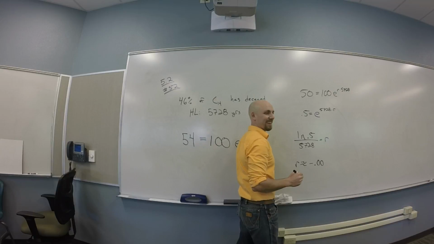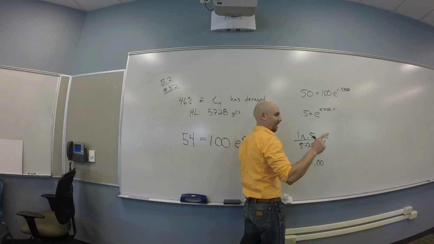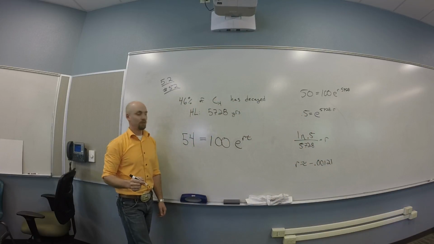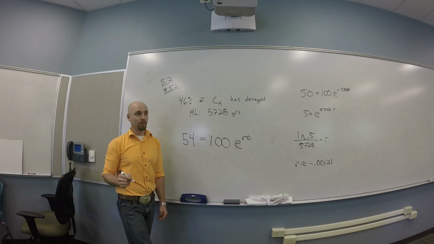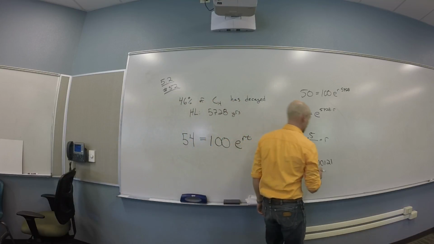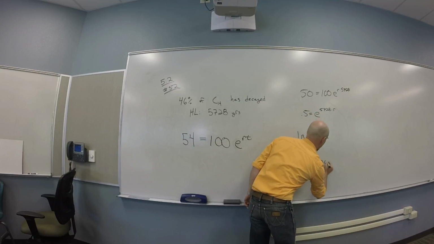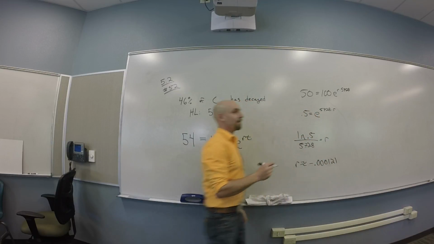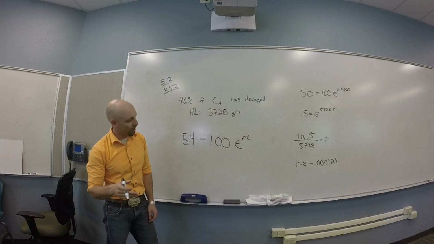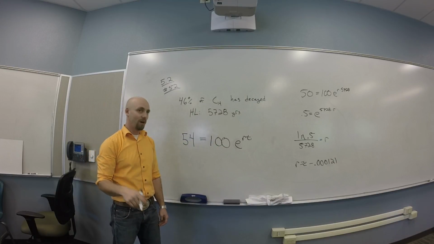I feel like that's 1, 2, 1. 1, 2, 1. Times 10 to the negative fourth. Okay, so I got my decay rate is about negative 0.000121.